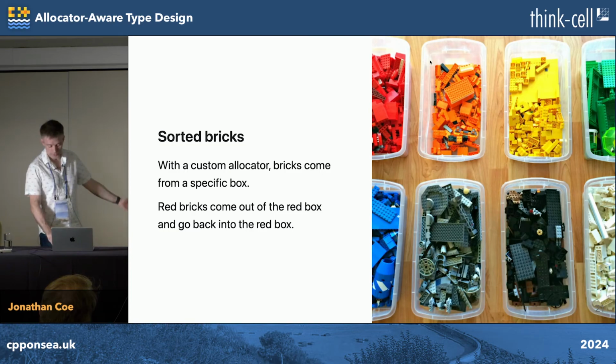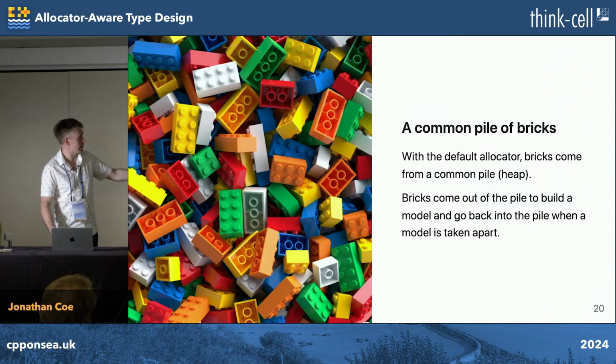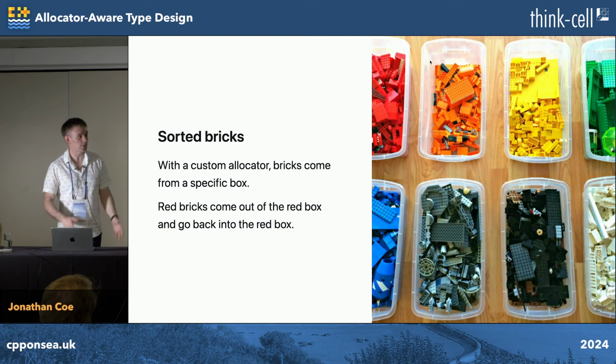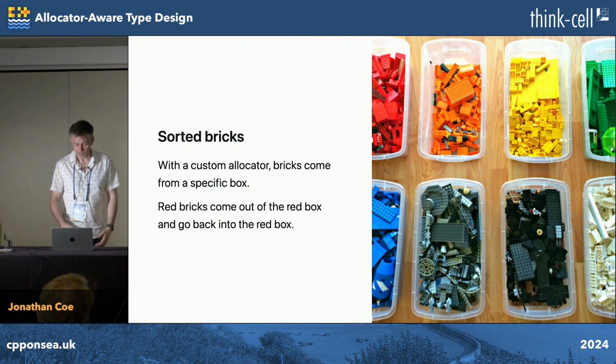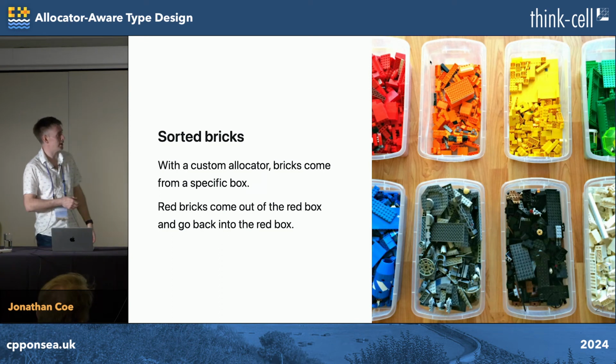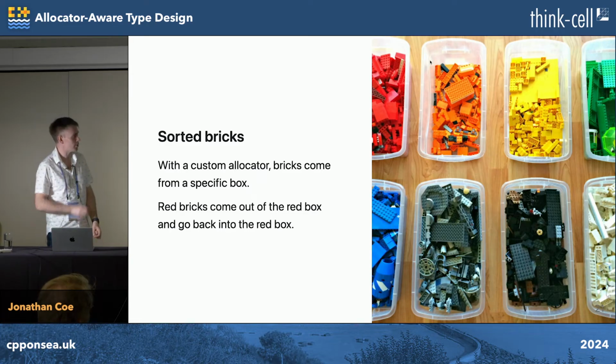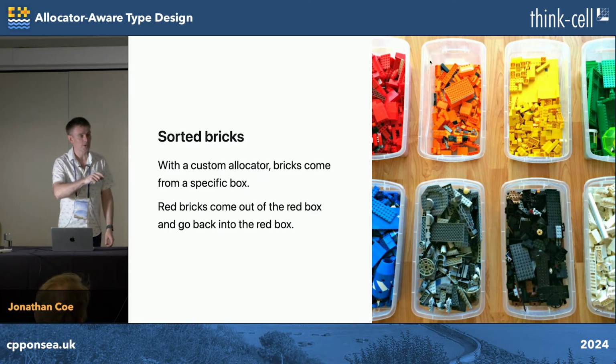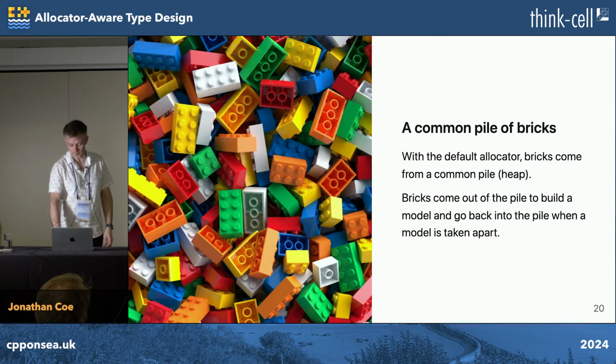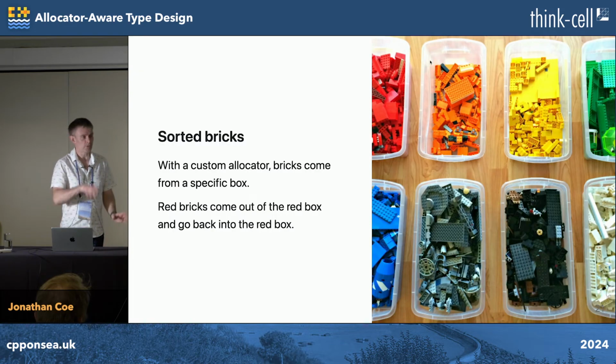As your Lego pile, as mine certainly did as a child, grows, it becomes larger and larger, and finding the bricks becomes the time-dominating process. So the bricks are kindly sorted out into different colored boxes, at which point it's very important that the bricks that are red, which came from the red brick box, when you finish using them, go back in the red brick box. Otherwise, you will return to the anarchy of before. So yes, things come out of a specific box and back into the same box they came from.